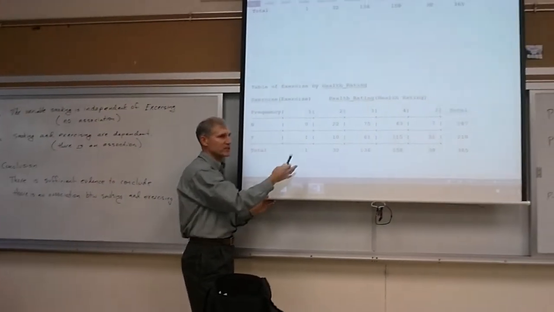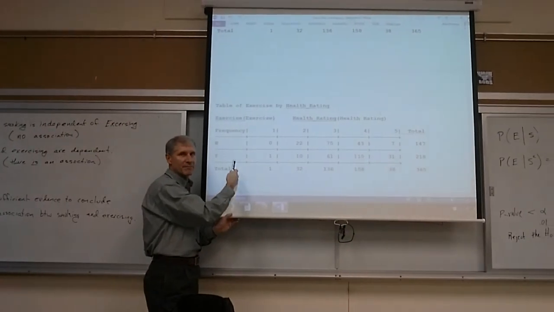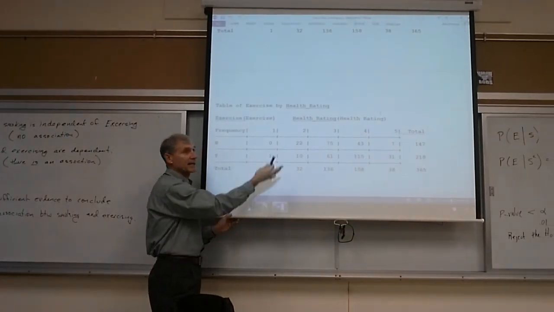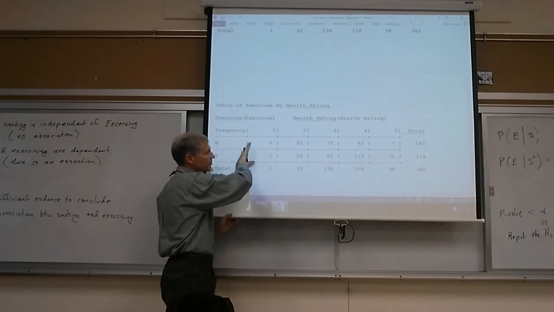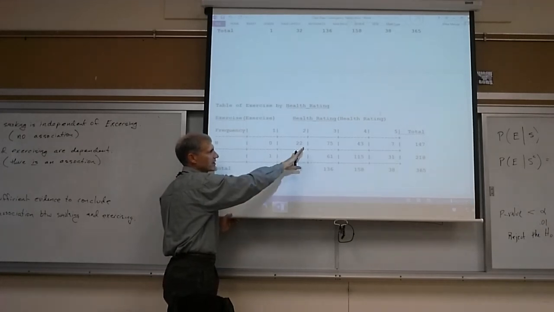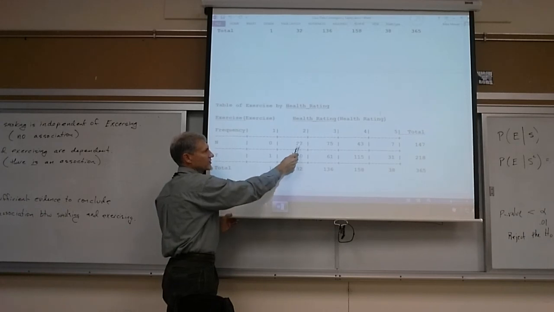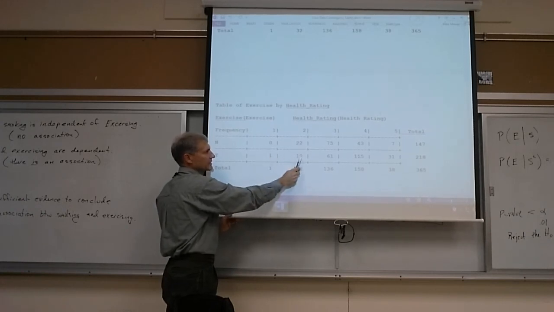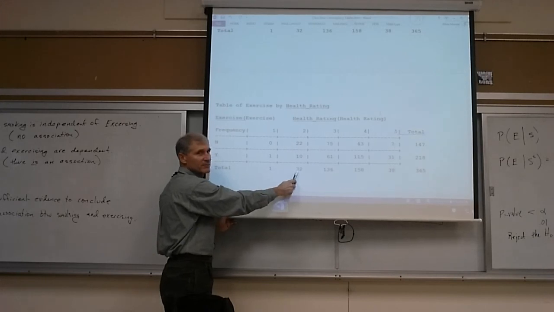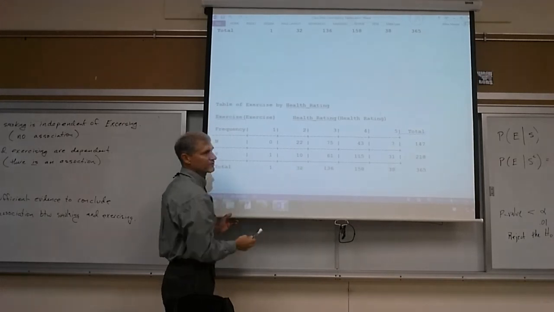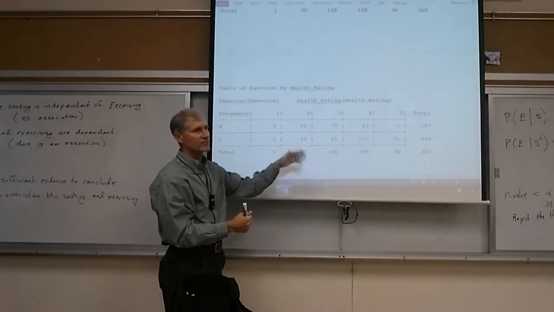So in this situation, what happens a lot in practice, if I were going to analyze this data, I'd say, well, I'm going to collapse these first two columns. I'm going to push this one person over into there. So this would be 22 plus 0, 10 plus 1, or 11, and there'd be 33 people in this column. Then I'd have expected counts all of 5, and good to go.